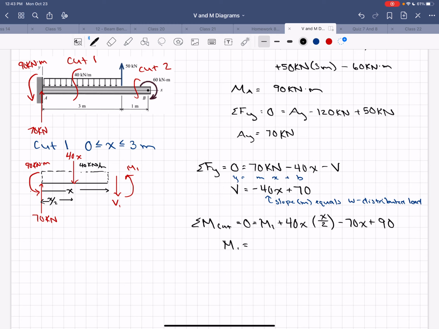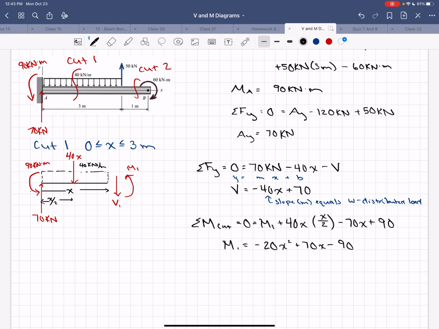We get negative 20x squared plus 70x minus 90.